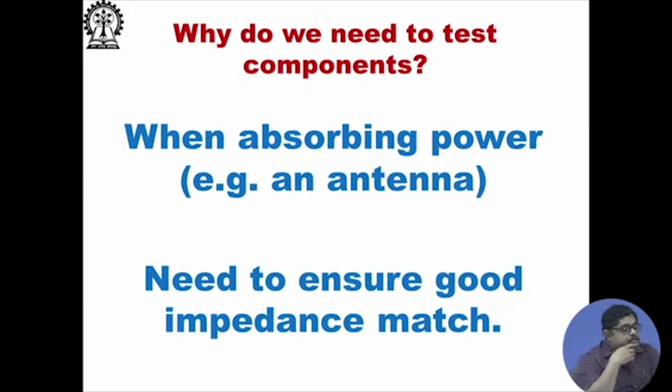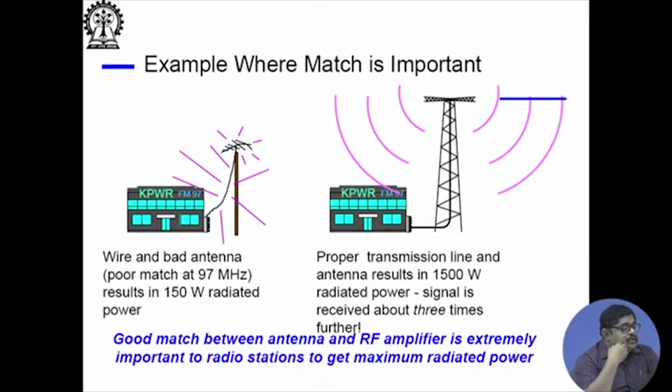Also, suppose we are giving power to an antenna. Now, we need to ensure good impedance match, whether whatever power we are supplying to the antenna, the antenna is radiating that. You see that if we have a poor match, suppose the left side antenna is not properly matched and you see 150 watt radiated power, the rest gets wasted.